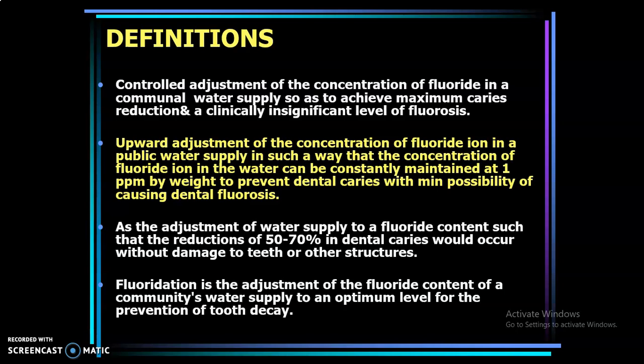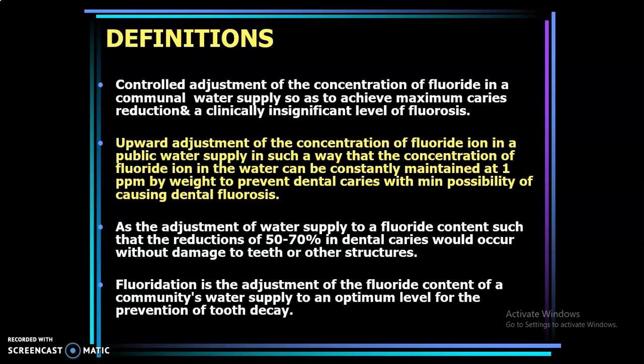This is what we have discussed earlier, that the WHO recommends a concentration of 0.7 to 1.2 ppm, and that varies depending on the temperature of that place. So on an average, 1 part per million is the concentration of fluoride that is added to drinking water. And once this is done, there have been many studies. In fact, the therapeutic benefits of fluoride started with systemic fluoridation.